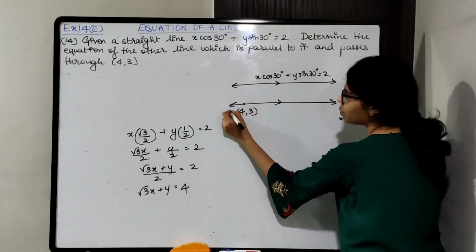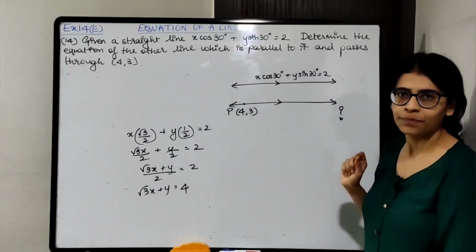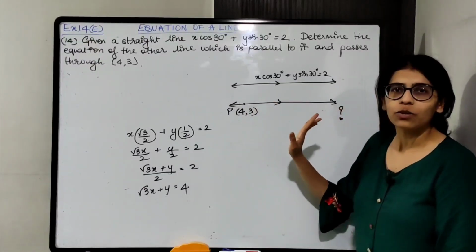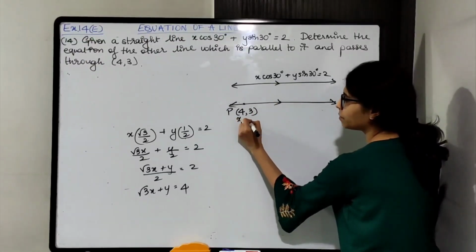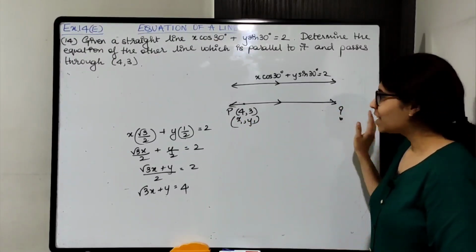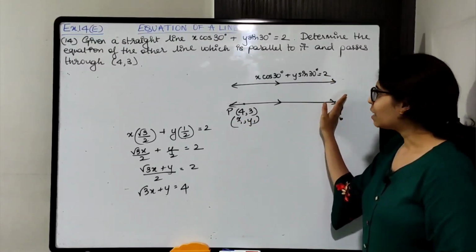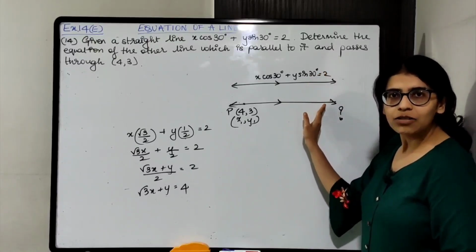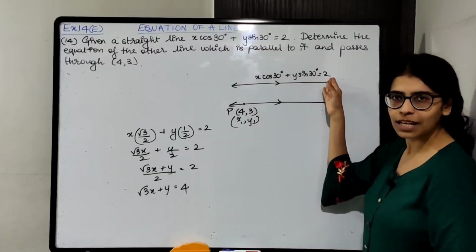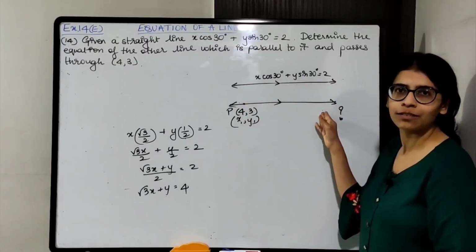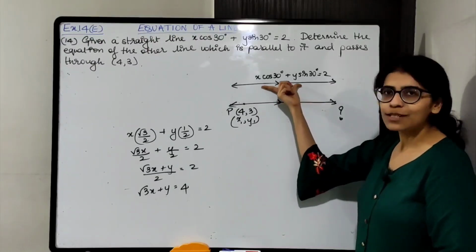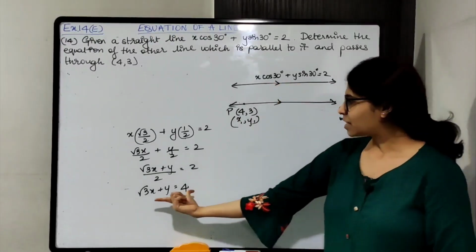Let's say this point is P. Okay. इक्वेशन फाइंड आउट करने के लिए I have x1 y1, I need m, slope चाहिए. I can easily find the slope of this line. Two lines are parallel, so दोनों का slopes equal होगा. Whatever is the slope of this line will be the slope of the other line because they are parallel. So I need to find the slope of this line जिसका equation ये है.